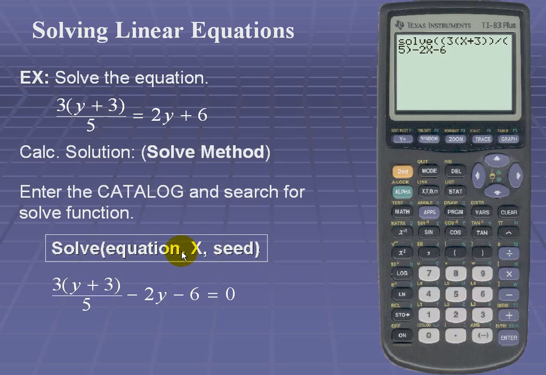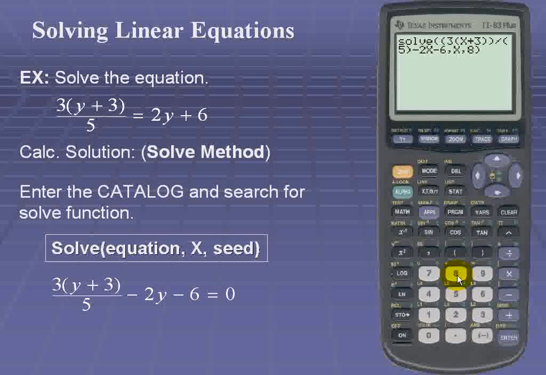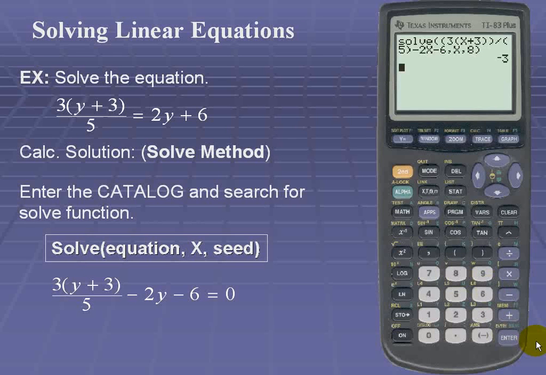I have to use a comma, which is located above 7, and I want to put in a seed value, and here I'm just choosing 8. There's nothing special about 8, it's just any random number. And if we hit enter, we see that the solution is -3.